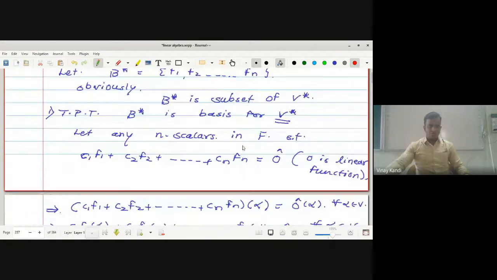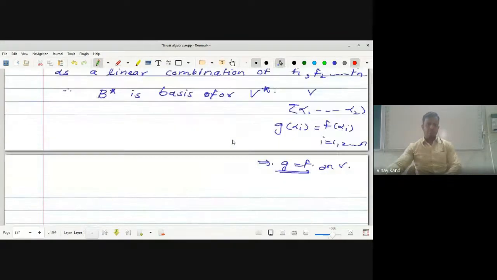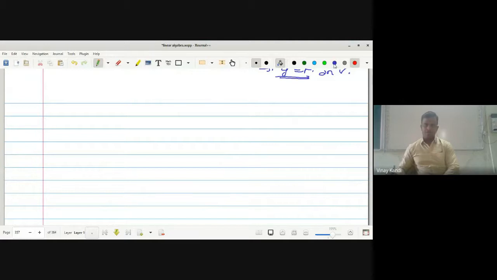Before going to the examples, one definition is there: dual basis. The next topic of our syllabus is dual basis. What is dual basis?